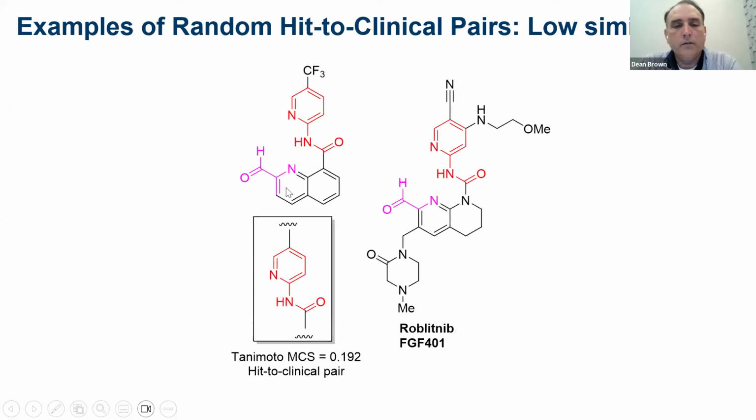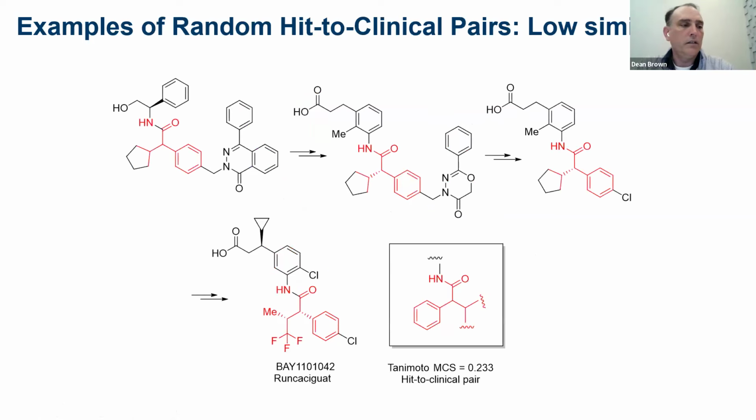And just to summarize those points, here's that roblitinib story. This is, as I understand from the literature, I haven't spoken with the authors here, I'd love to at some point, this seemed to be the key, that quinolinaldehyde, and everything else was more optimizable, but they knew that was critical for activity. So it's this key pharmacophoric element that they sort of anchored on and did the drug discovery around that. Here's the example from Bayer that I mentioned as well.